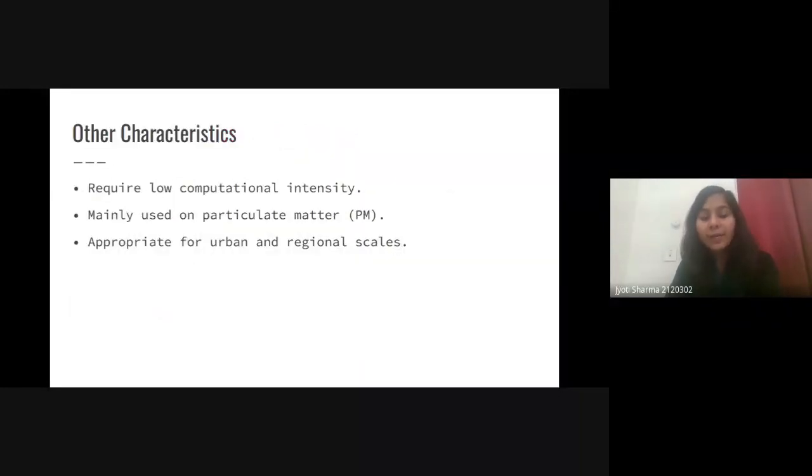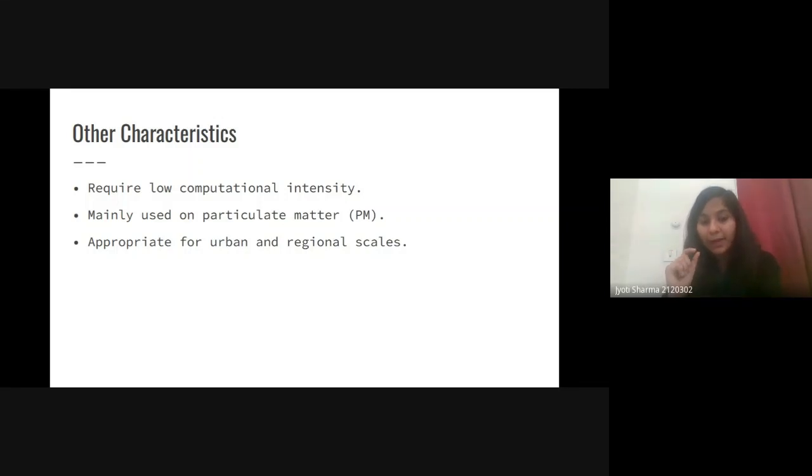And in spite of that, there are some other characteristics as well. For example, it requires low computational intensity. Then it is mainly used on particulate matter, because it is easier to calculate the source emission for particulate matter, as there are characteristic features of each particulate matter.